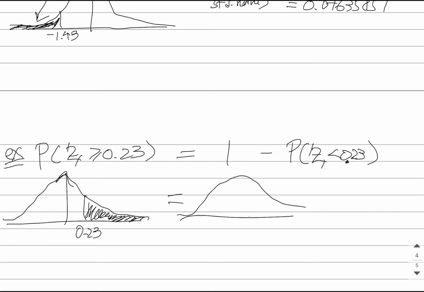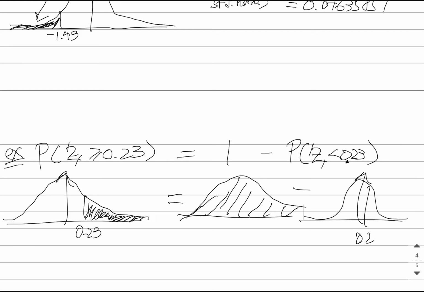So it would be the full area, take away the area to the left of 0.23. And again, we're allowed to be sloppy. We don't really care if it's a greater than or equal to or a less than or equal to when it comes to working with continuous distributions.